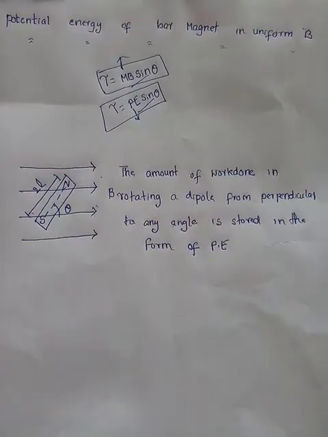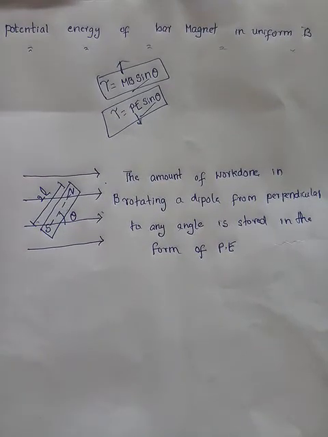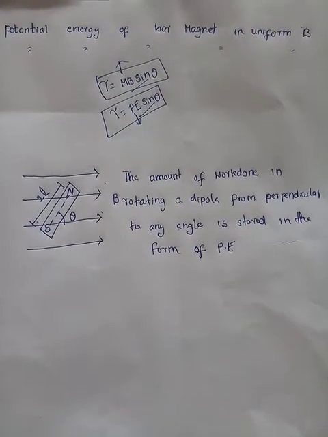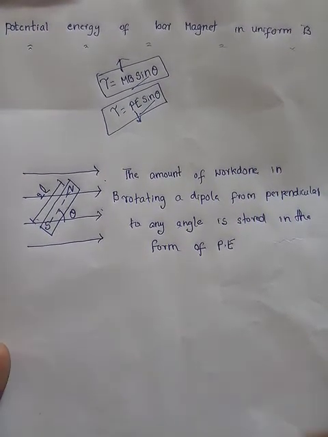Is stored in which form? Of magnetic potential energy. So first we will rotate the dipole or the bar magnet through a small angle, not from perpendicular to theta, right?